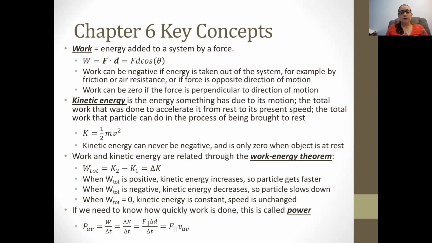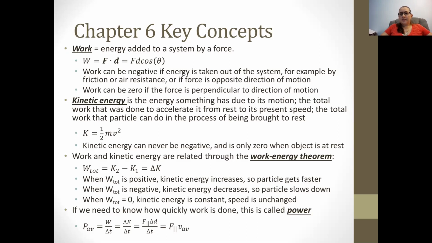So work is related to kinetic energy through that work energy theorem that tells us that the total work done equals the change in kinetic energy. So when our work is positive, the kinetic energy increases and the object moves faster. If the total work is negative, then the kinetic energy is decreasing, and so the object is slowing down. And if the total work is zero, kinetic energy is constant, and so our speed is not changing.